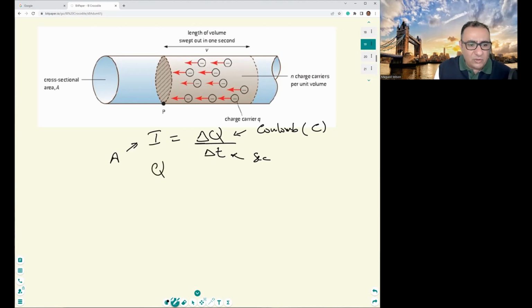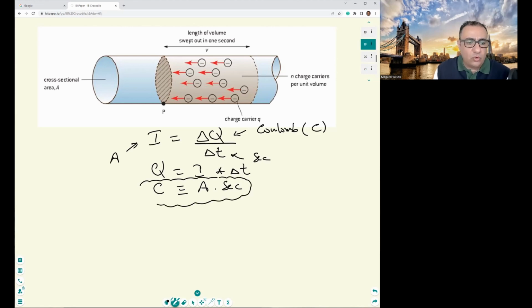So delta Q is going to be I times delta T, which means Coulomb is equivalent to ampere times second. So now we know how to express Coulomb in SI fundamental units. Ampere, fundamental. Second, fundamental, job done. Very good. So quantity of charge is our first physical quantity today.